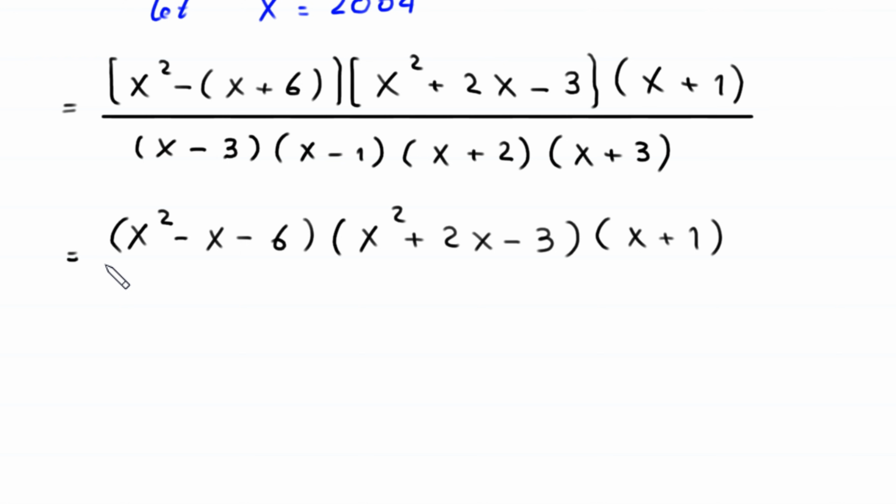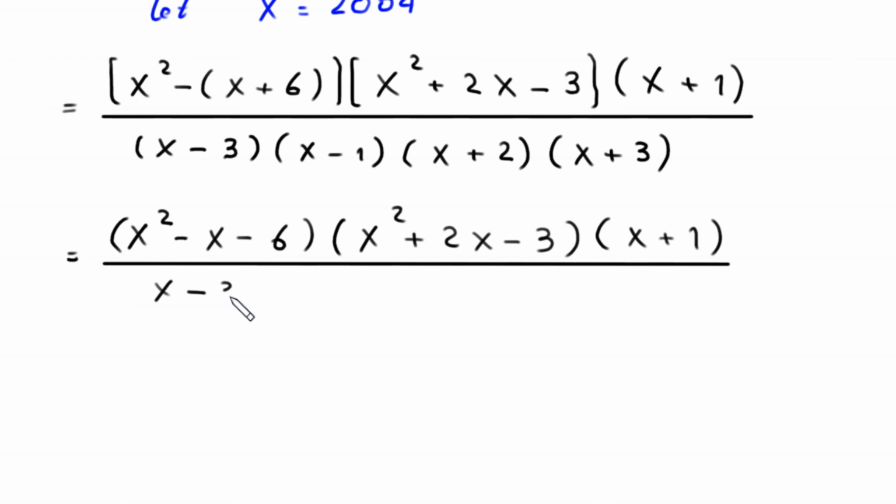All this divided by the denominator, which remains the same: x minus 3, times x minus 1, times x plus 2, times x plus 3. Next, now this expression is factorable.